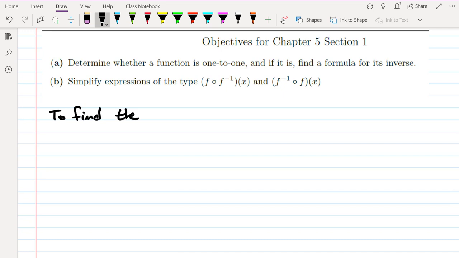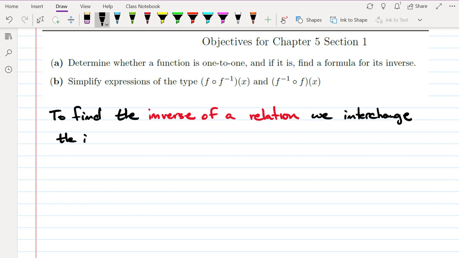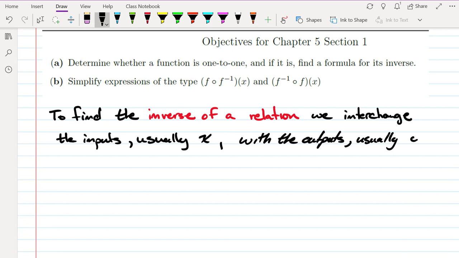So to find the inverse of a function, or of a relation, we interchange the inputs, which is usually x, with the outputs, which are usually y.